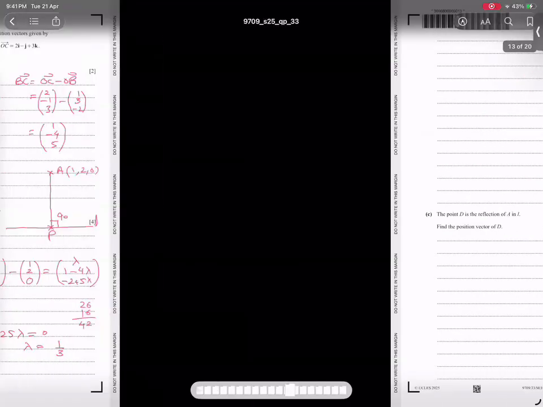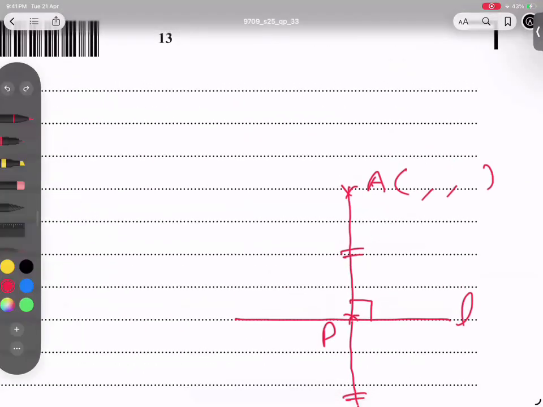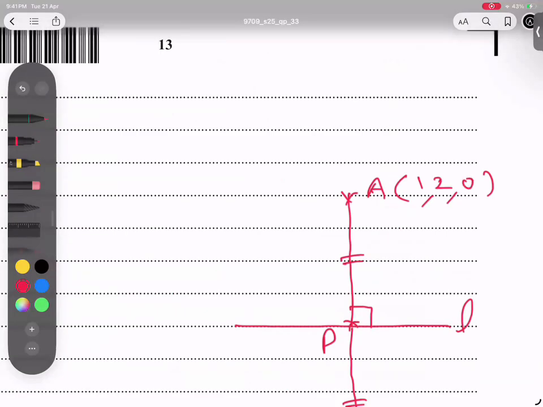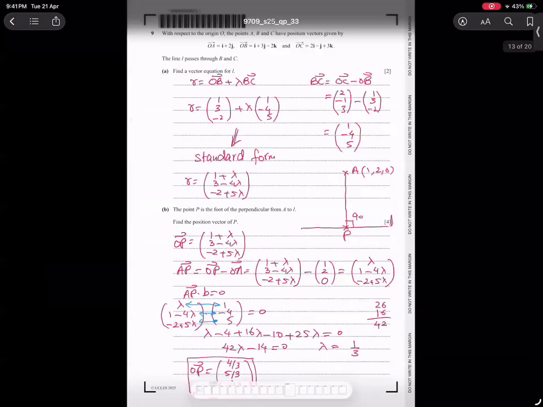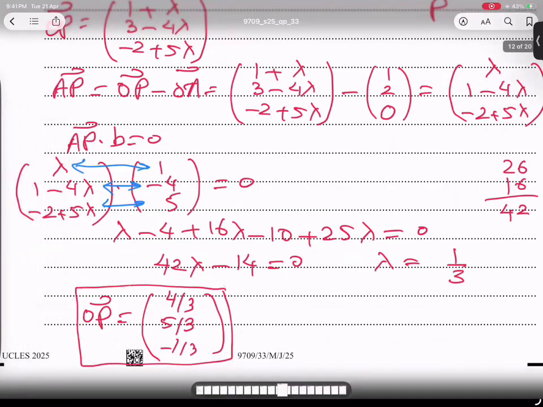So go back. The A coordinates are 1, 2, 0. The P coordinates are in fractions, so we write them carefully, and I'm bringing this vector from here. I'm copying it and bringing it to another page.